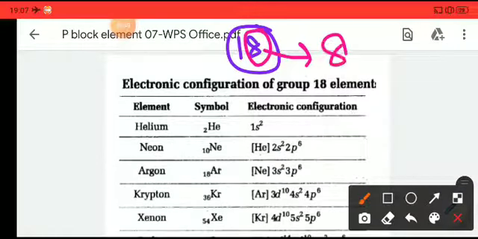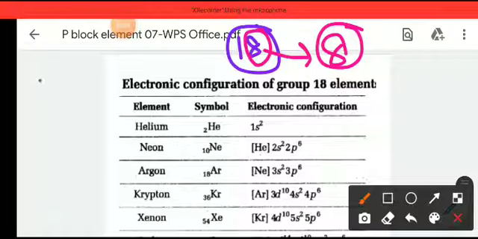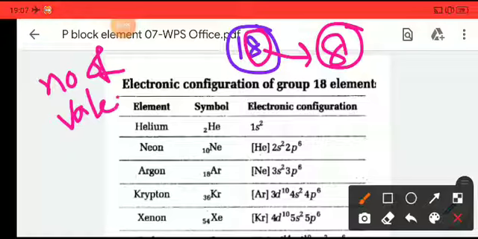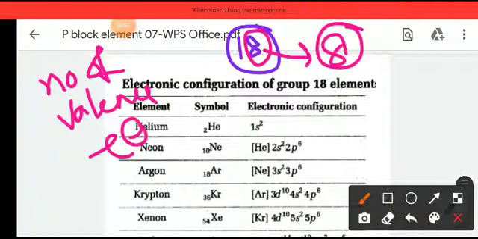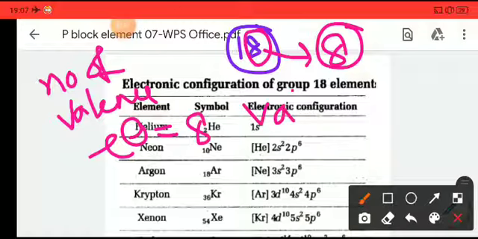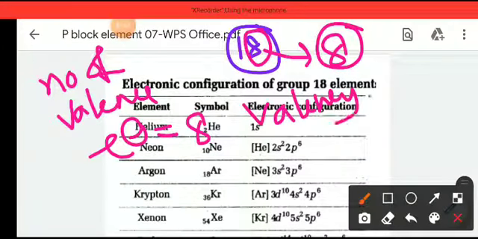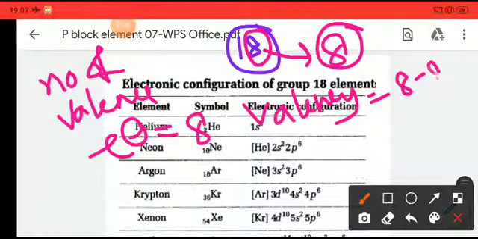So the number of valence electrons will be 8. What will be the valency? Valency will be 8 minus 8, which is equal to 0. That is why they are already highly stable, so they do not entertain any reactions.